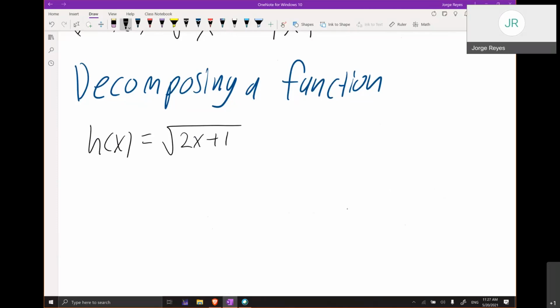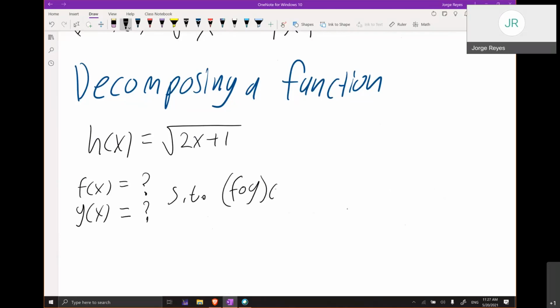So what you want is a function h, and your job is to make an f and a g such that when you do f of g, it becomes h.